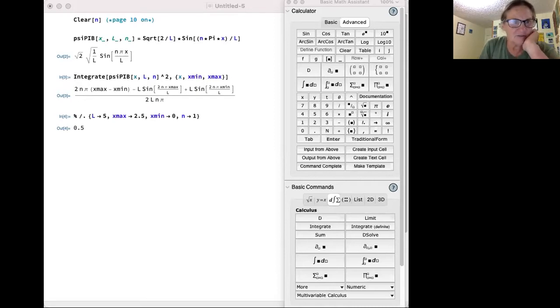Okay, and it tells me that that integral equals L over 2. Let me put my A in here, to make sure that you understand what I'm doing.